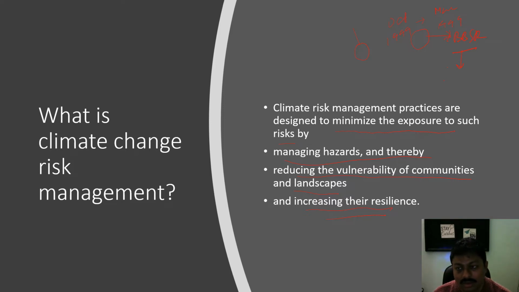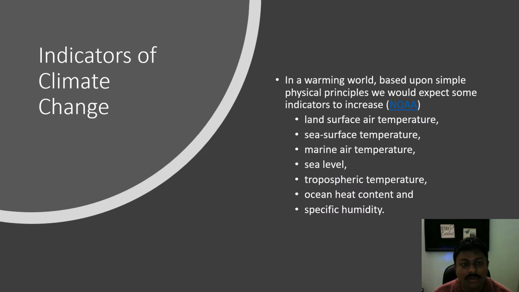Next is, what are the indicators of climate change? I have already discussed this, but this is what NOAA prescribed. NOAA means National Oceanic and Atmospheric Administration of America, but they look after the entire world, the entire oceans of the world.